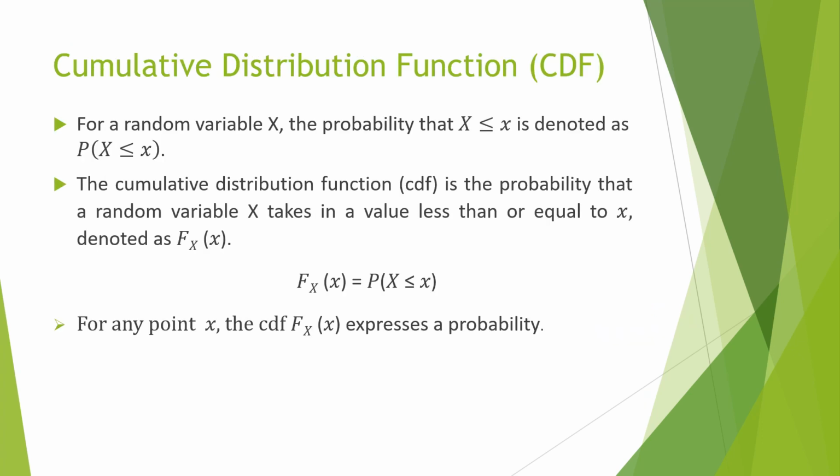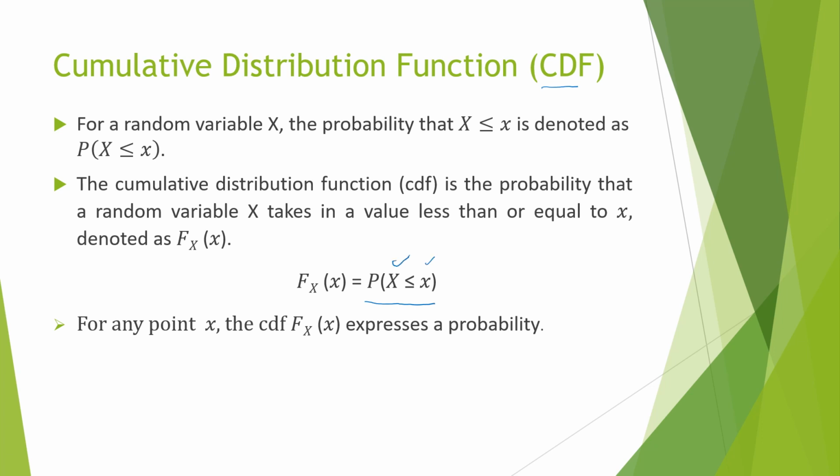Cumulative distribution function, CDF. The concept of CDF is the same for both discrete and continuous random variables. It is defined as the probability that the random variable X takes the value small x.